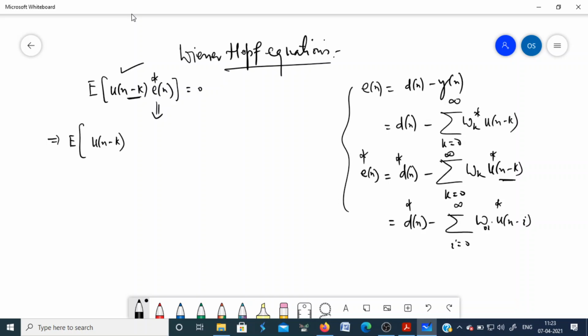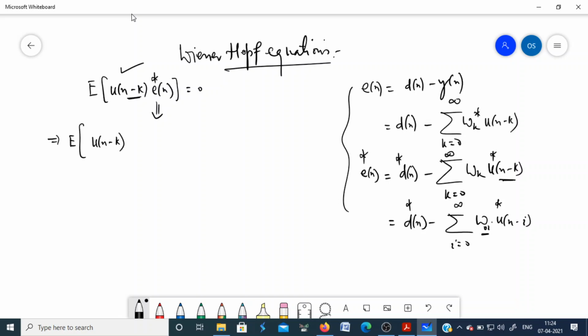When this principle of orthogonality is applied, the filter is operating in the optimum condition, meaning we have obtained the minimum value of the mean square error. So these weights in that case will be the optimum filter weights. So o is just for optimum.